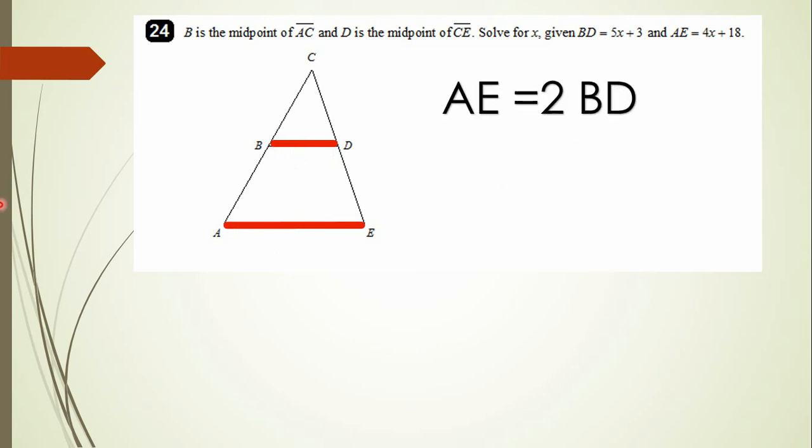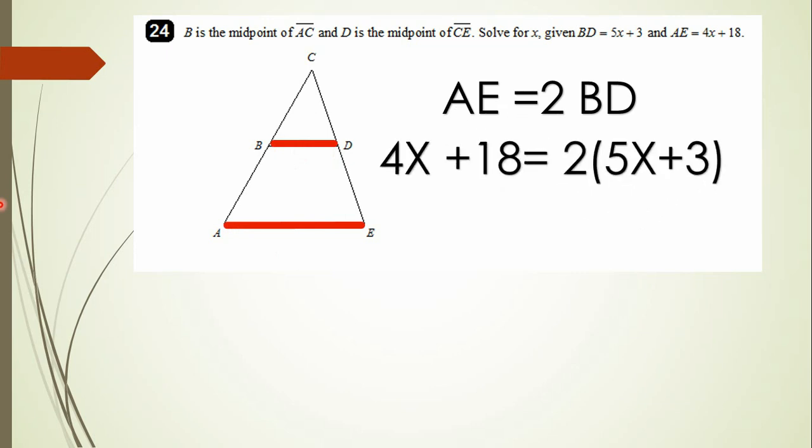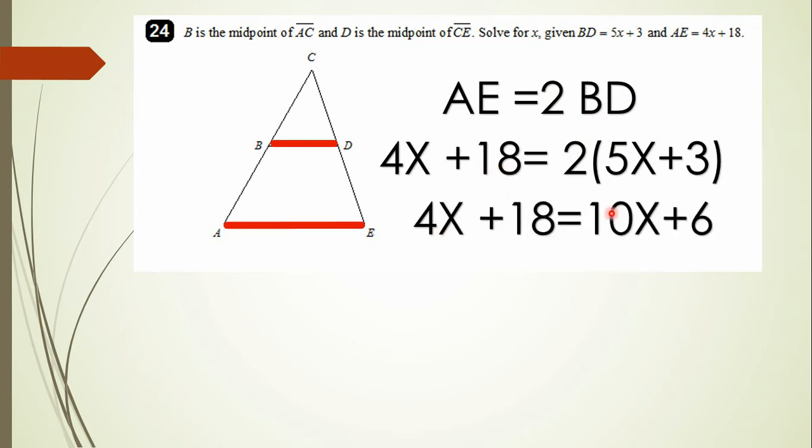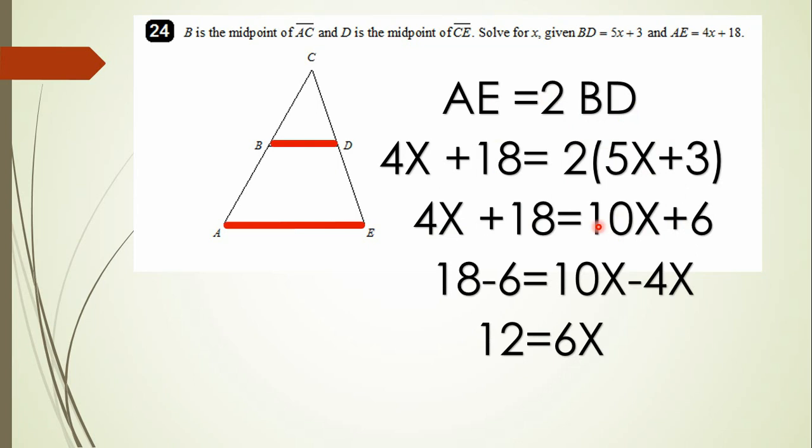Then AE equals double BD. AE is 4x plus 18 and BD is 5x plus 3, but this is doubled. Distribute: 2 times 5 is 10, 2 times 3 is 6. Then 4x plus 18 equals 10x plus 6. Collect the x terms together and the numbers together: 10 minus 4 and 18 minus 6. It will be 6x equals 12. Divide by 6, divide by 6, then x equals 2.